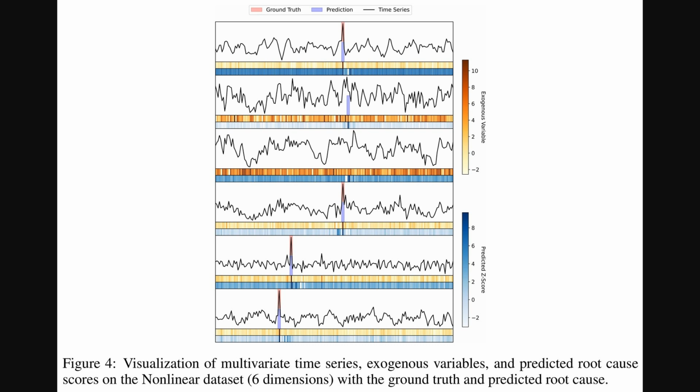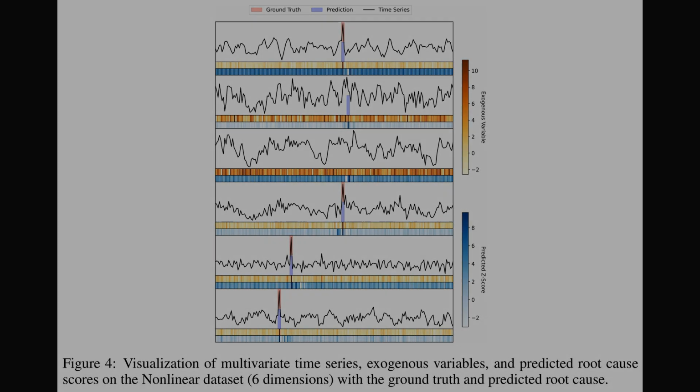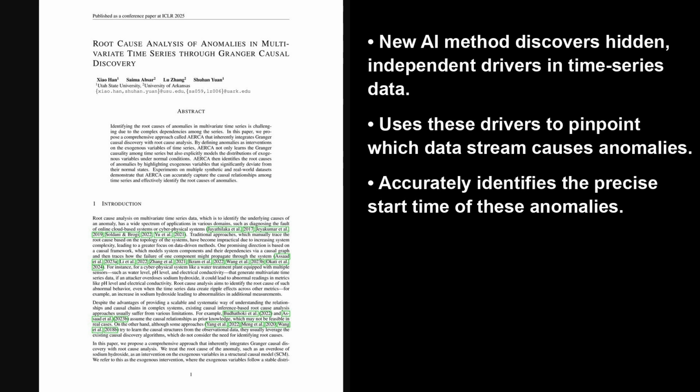The pink line shows the true anomaly, and the blue line is AERCA's prediction, often lining up impressively, which really helps to see how it works. So that visualization really brings to life how AERCA pinpoints anomalies by tracking those underlying exogenous variables.